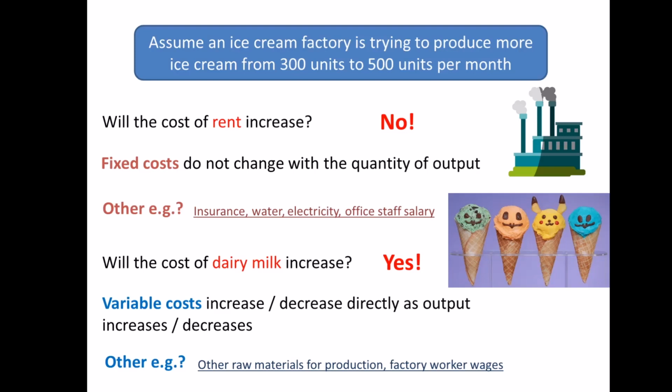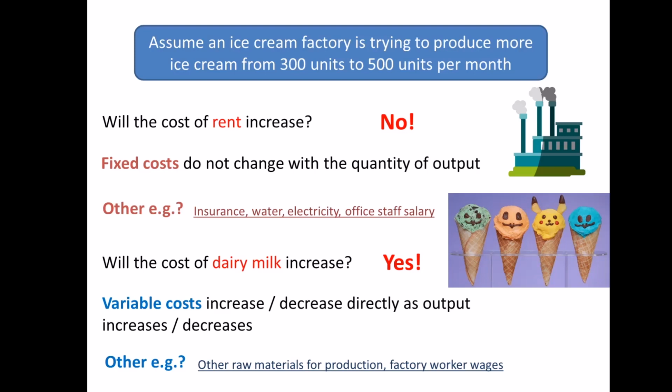When you increase the output of ice cream, you need to get more milk, so your cost increases based on the output. The more output you have, the more milk you have to purchase. And when you look at the definition of variable cost, it changes directly as the output changes. That's variable cost, just like what the name describes.